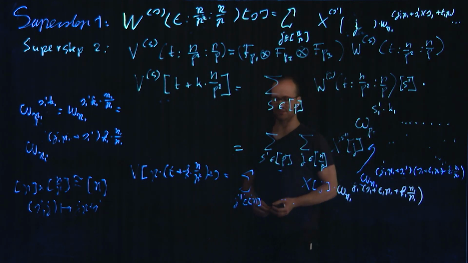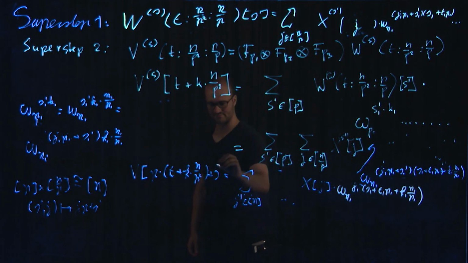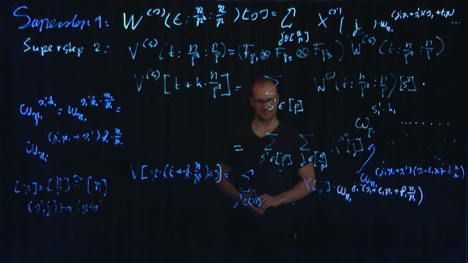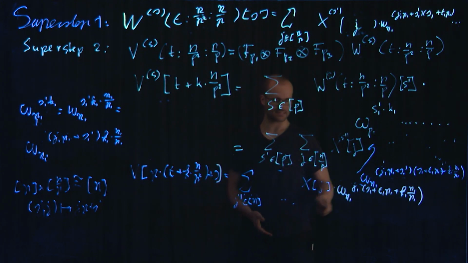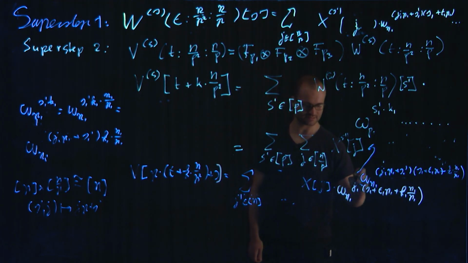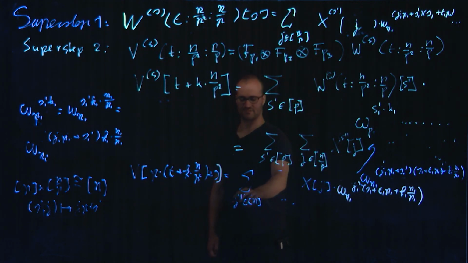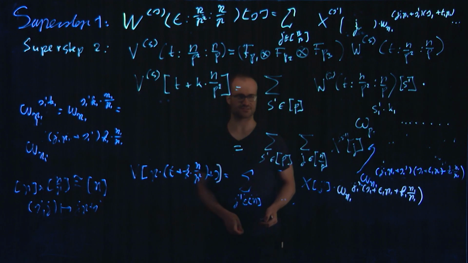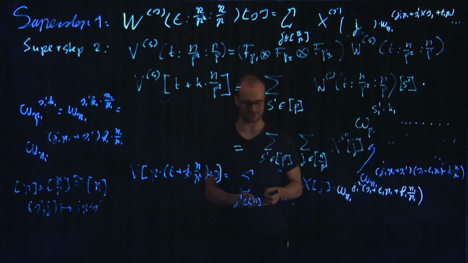And you can see that this is the definition of the Fourier transform, because we have the J prime from the sum, and then this whole thing is this index, and that means that we have concluded the proof.